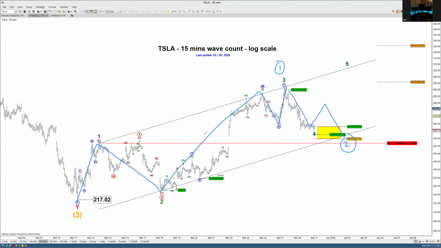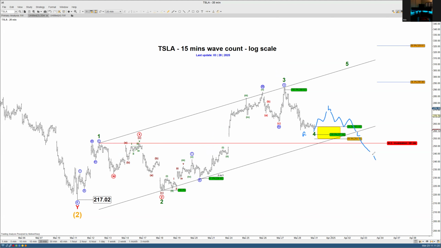So if this is the first initial decline of Tesla as a corrective wave against the 5, this would be an A, there's some sort of a B, and then that gives you some sort of a C. The C can come down here more.